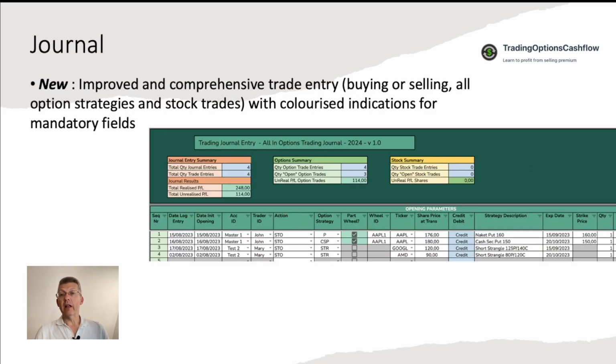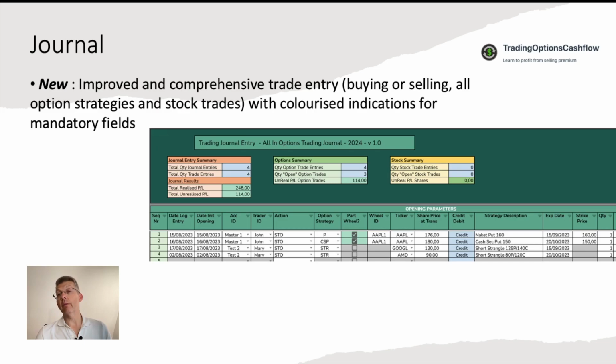The journal itself has also received some improvements. It has now become a comprehensive trade entry journal, which allows, next to the different option trading strategies, also entering the buying or selling of stock trades. I introduced this because there were a lot of questions on how exactly you had to do that in the previous versions.